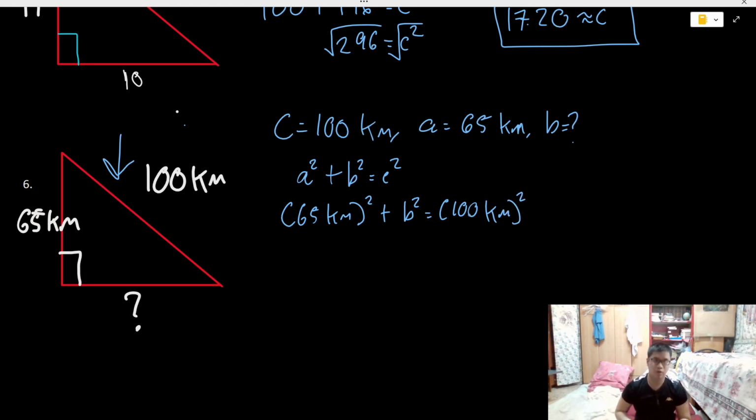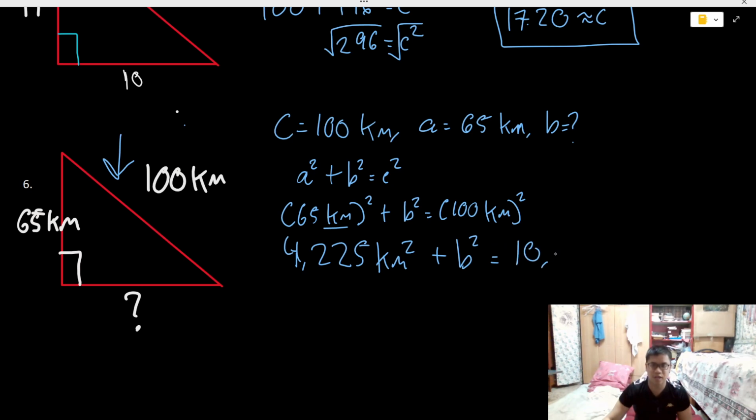So 65 squared would be 4,225, right? And don't forget to square the units, so square kilometers, plus B squared, then squaring 100 would give you 10,000 square kilometers. Let me take a look. Maybe I could be wrong.